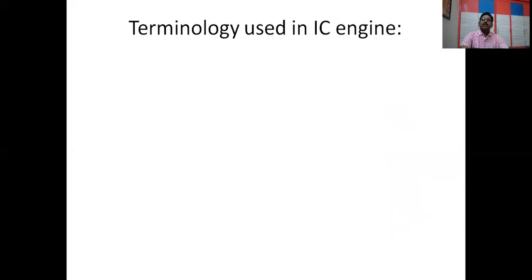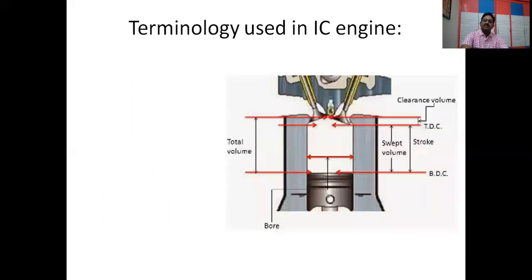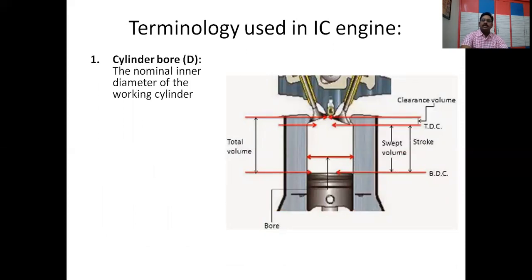Now we will see what are the terminologies used in an IC engine. What are the various terminologies used in an IC engine? So we have here cylinder bore. It is indicated with capital D. The nominal inner diameter of the working cylinder is called the cylinder bore. So here you have a cylinder.